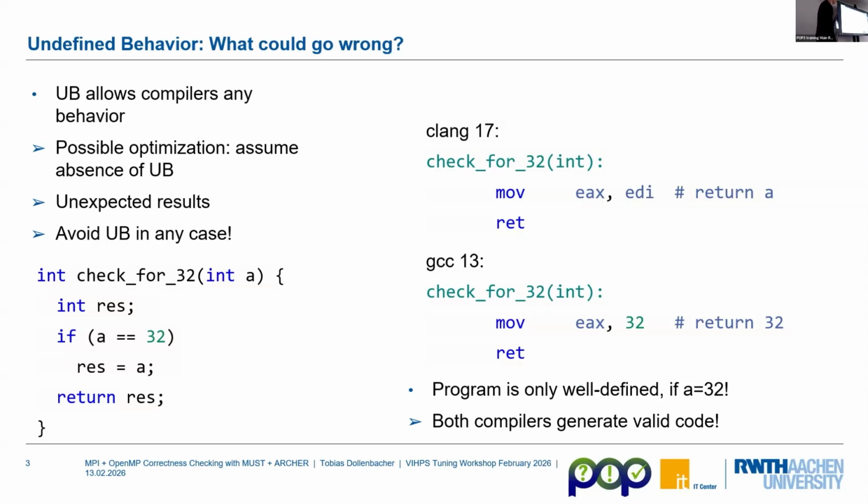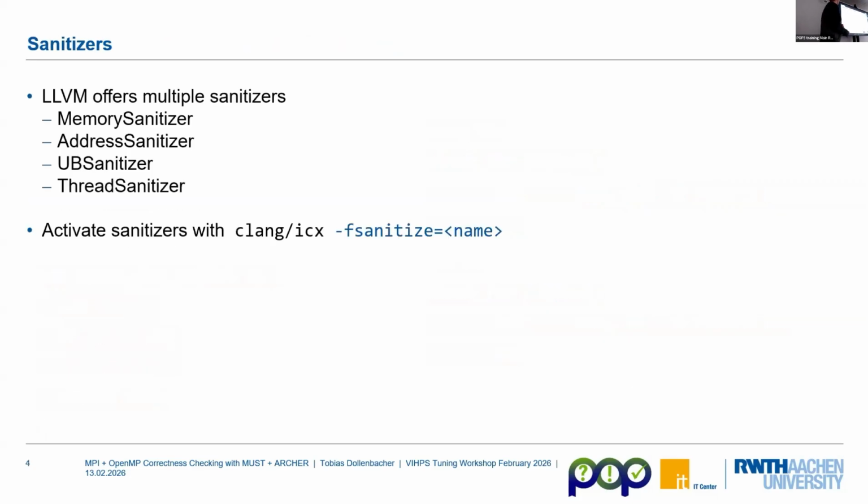All right, but debugging this kind of stuff, if it's lost somewhere in a huge code base, is really hard, and therefore we need some compiler support to help us. LLVM as well as GCC, but we're going to focus on LLVM today, offer us a couple of sanitizers. We can sanitize a lot of things.